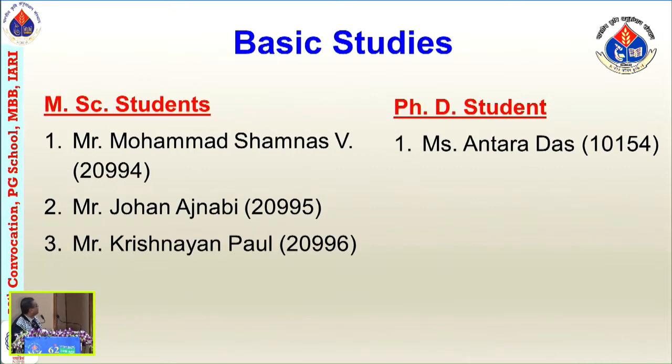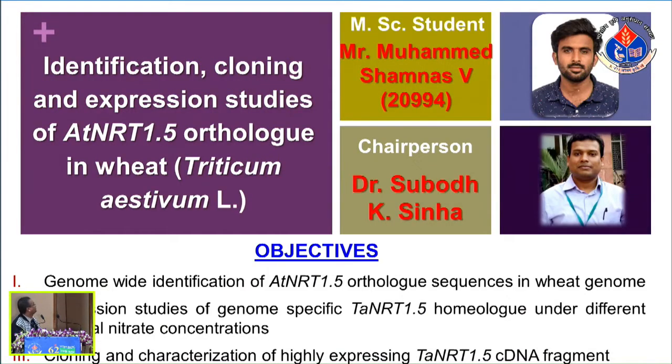The research work of 3 MSc students and 1 PhD student was basic in nature. Mr. Mohammed cloned and characterized a gene encoding a wheat nitrate transporter under the guidance of Subodh Sinha, which could be utilized for improving the nitrate utilization efficiency of this crop.